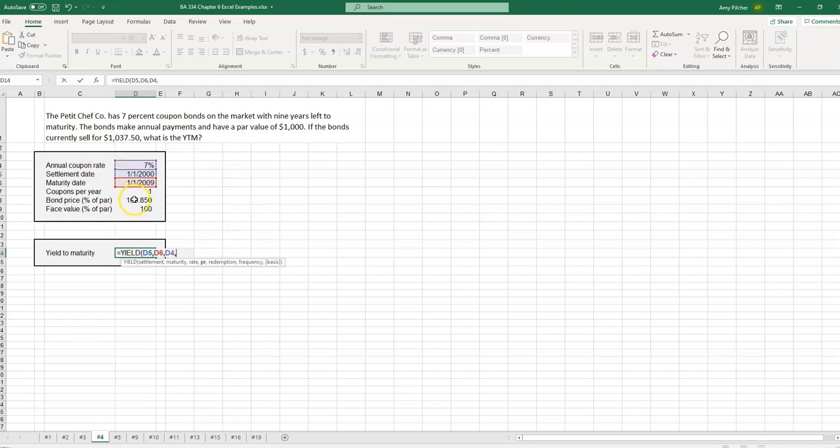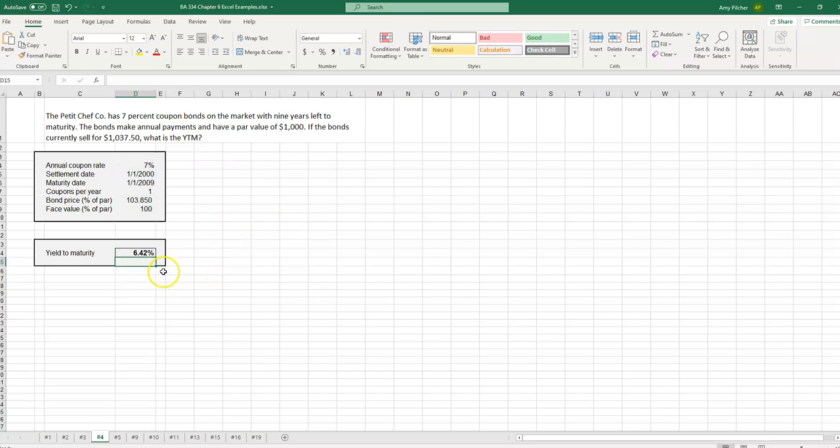So that is our bond price, our current bond price. Redemption is the face value of the bond, or the percent of par. The frequency is 1 for an annual coupon, 1 payment per year. And then our basis is 0, which is the default. So the yield to maturity on this bond is 6.42%.